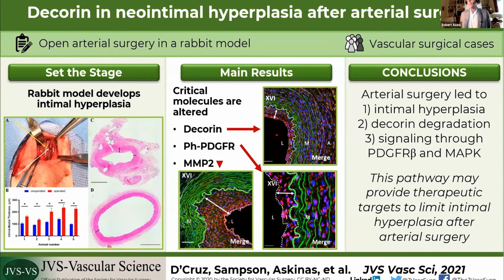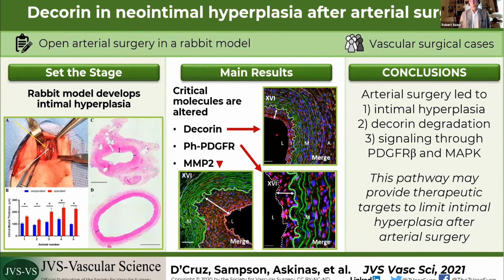So what we found, in addition to this increase in intimal medial thickness, was an increase in Decorin. And on Western blot analysis, the Decorin was actually fragmented in the operated side, indicating a significant change in the Decorin, not only the amount of Decorin, the location of the Decorin, but also the nature of the Decorin moiety. There was a significant increase in matrix metalloproteinase 2 in the hyperplastic zone.